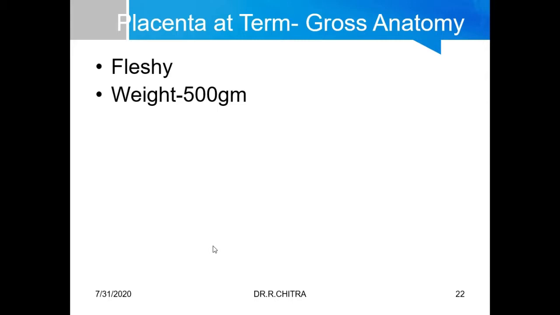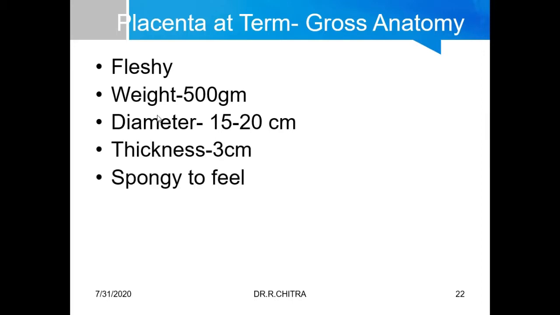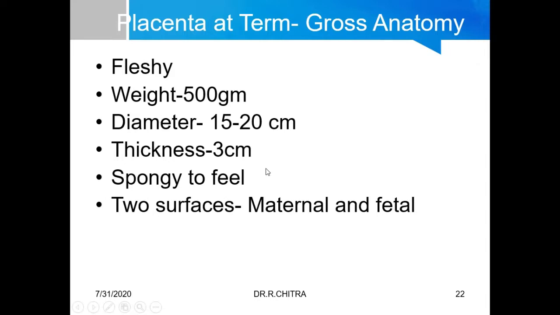You should note the structure of the human placenta for when the placenta is given to you in the gross anatomy practical exams. It is fleshy, about 500 grams, with a diameter of 15 to 20 centimeters, 3 centimeters in thickness, spongy to feel. It has two surfaces, maternal and fetal.